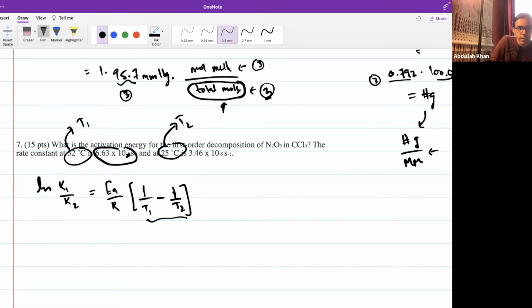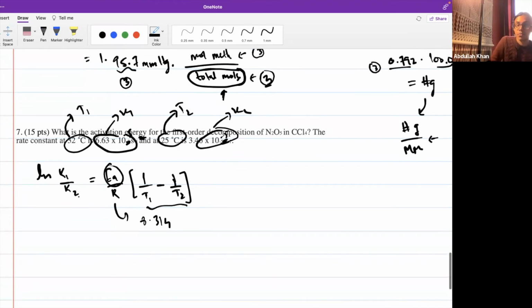This is 10 to the negative 5, and 10 to the negative 5, this is K2. Plug everything in. Your R, because this is an activation energy question, is going to be 8.314. And solve for Ea. Joules. Any kind of energy has units of joules. All energy has units of joules.